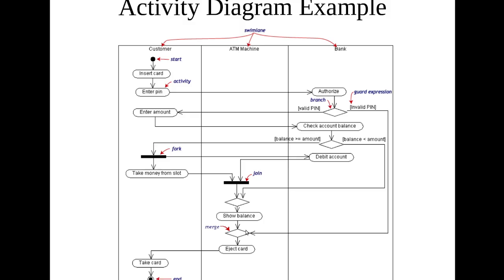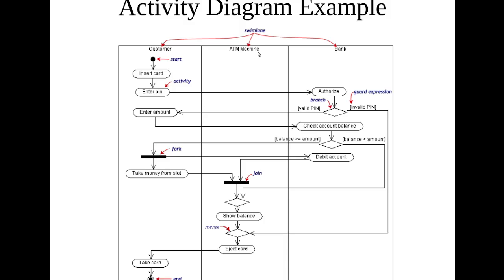Okay, so this is another activity diagram. Here you can see these are the objects: customer, ATM machine, banks, and the processing which will be done by these objects. We are calling it a swim lane.